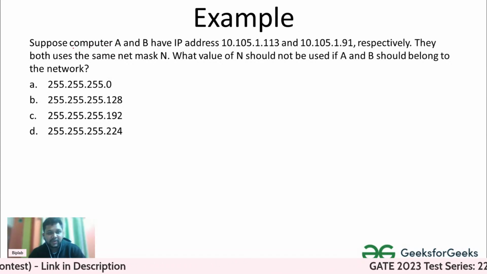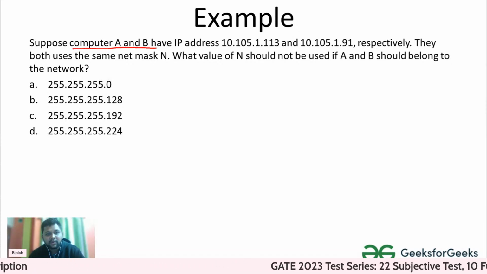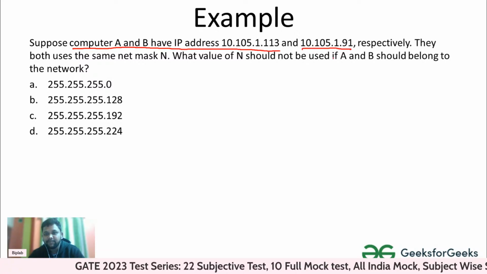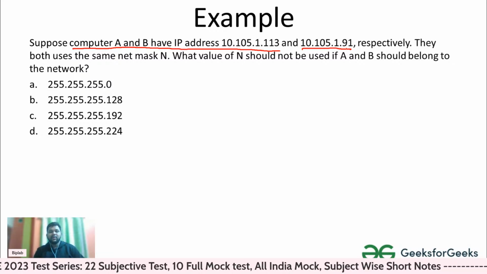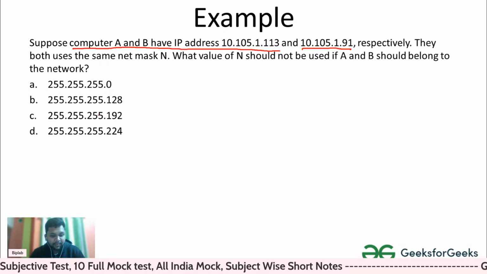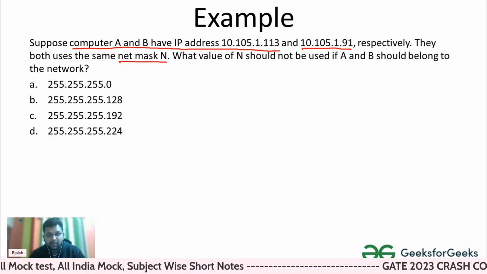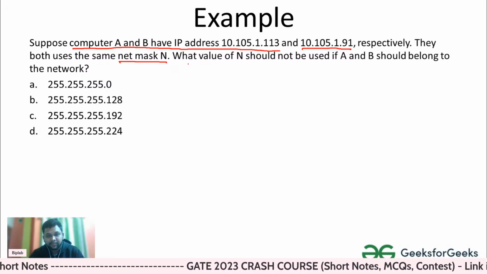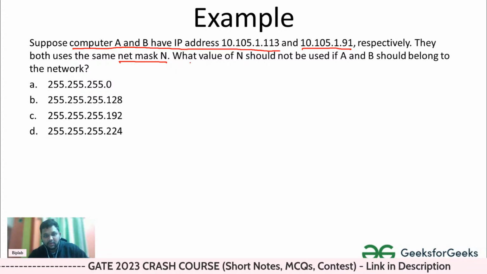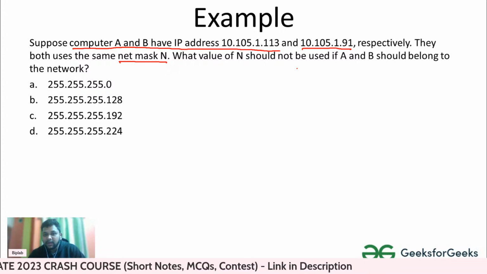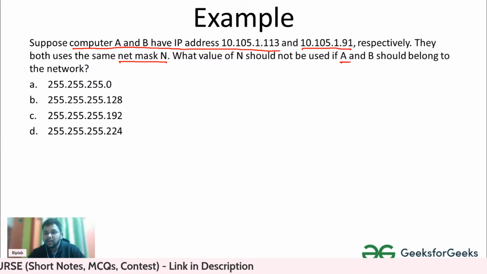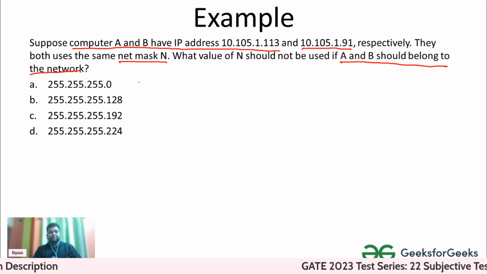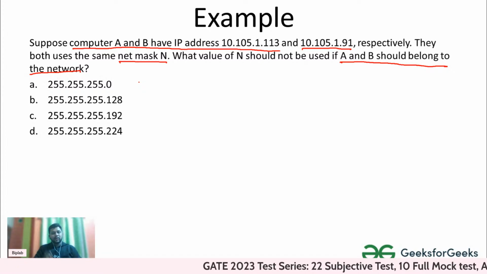Let me first explain the question. Suppose computers A and B have IP addresses this and this, respectively. They both use the same network netmask N. What is the value of N that should not be used if A and B should belong to the same network?